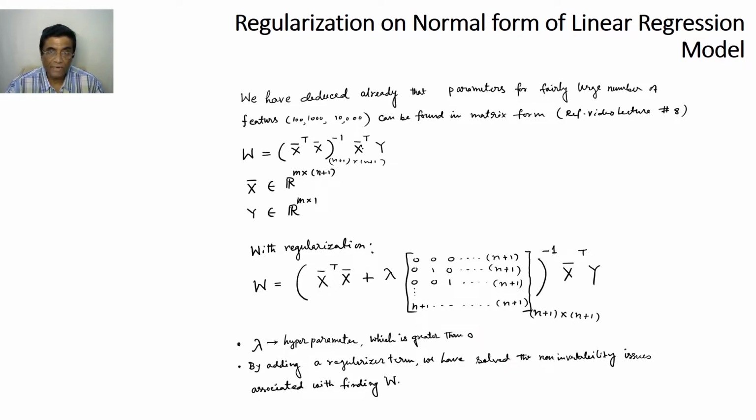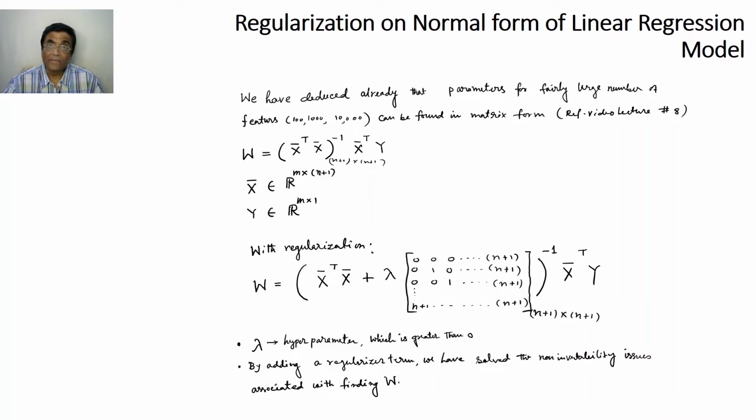The design matrix x bar belongs to the space m cross n plus 1, and y is m cross 1. These are the things we deduced in my earlier lecture on how to derive the normal equation in matrix form.